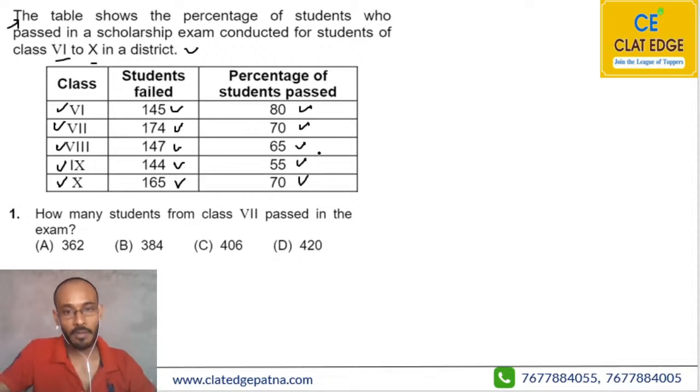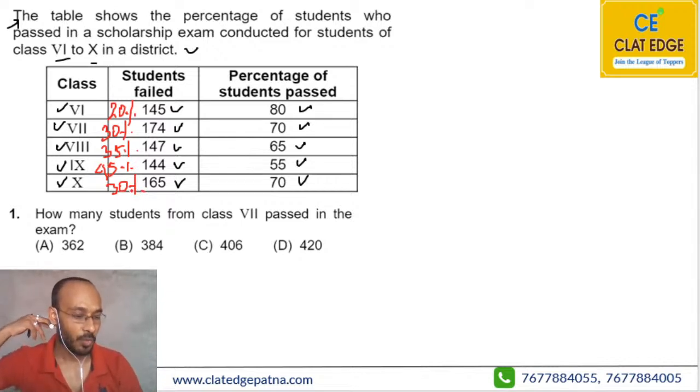So if 80% of the students passed, definitely 20% would have failed, because the total is 100%. Here 70 passed, so 30% failed. Here 65, so 35%. This is 55, so 45%. And this is 70% passed, which means 30% failed.